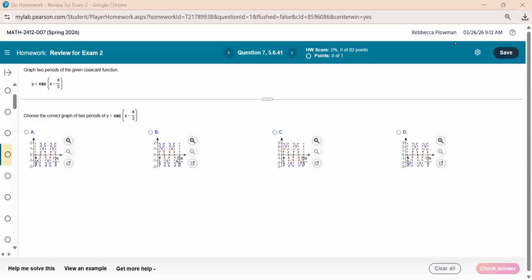All right, so here we have a phase shift again. So remember, this is going to move everything in a positive direction because we're subtracting. So let me get our basic little graphs here again.